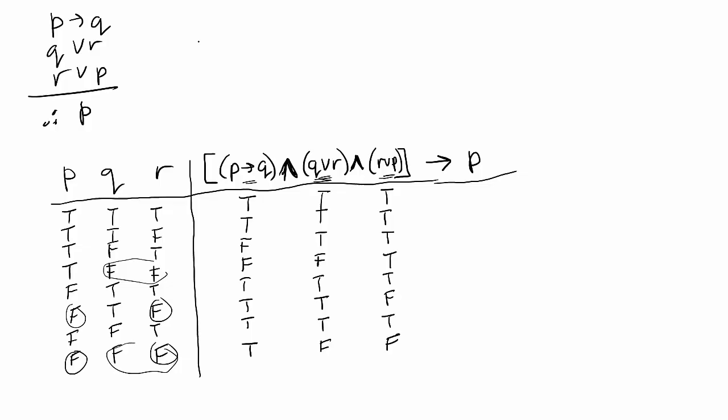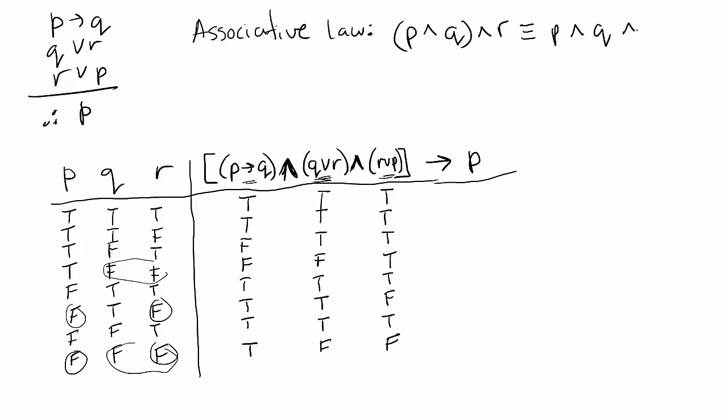It really doesn't matter because back when we did a previous section, we went over equivalent statements, and you have an associative law that says if you have P and Q and R, if you put the parentheses around the P and Q, that's logically equivalent to P and Q and R with the parentheses around the Q and R. So it doesn't really matter.